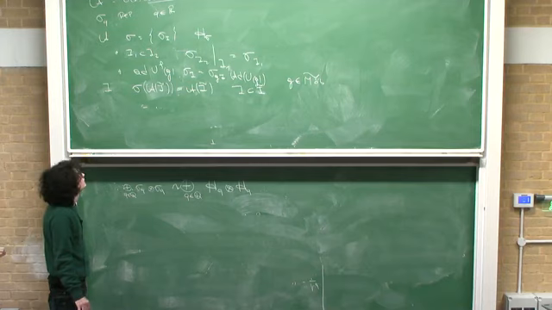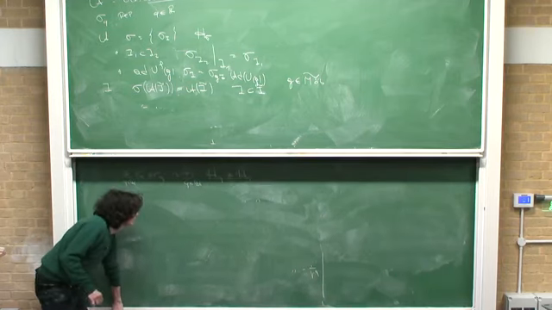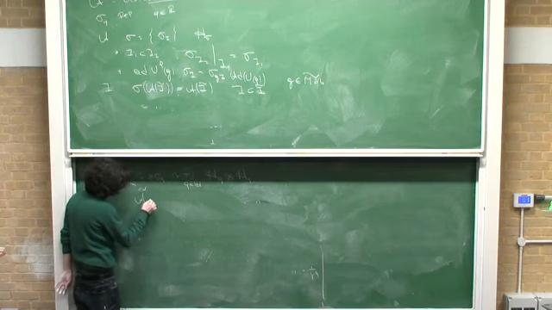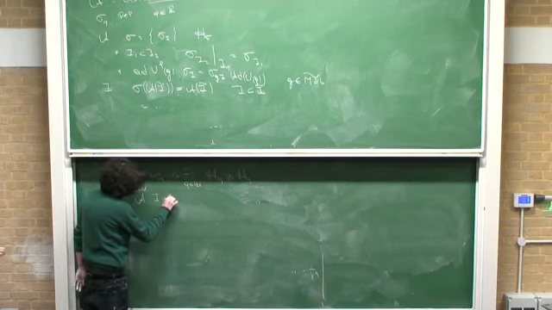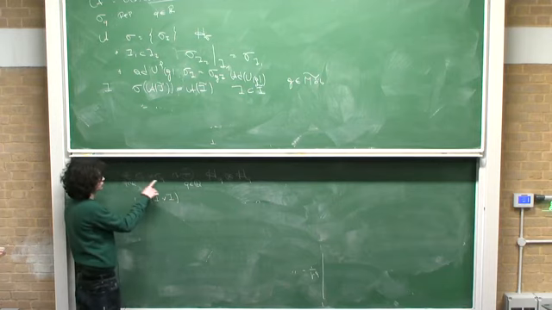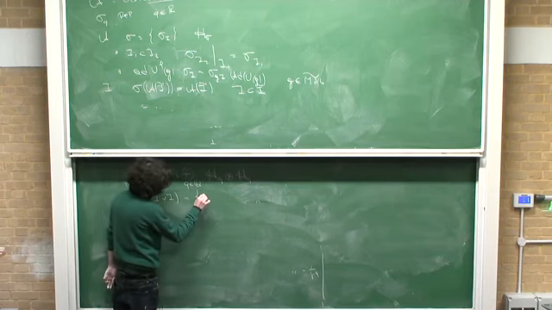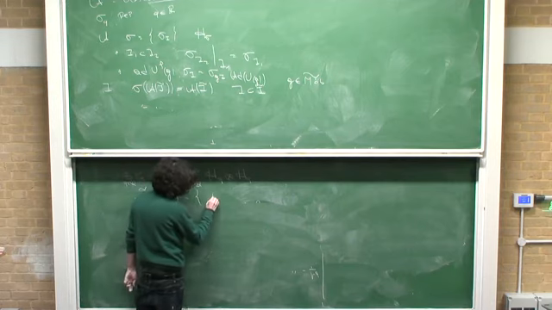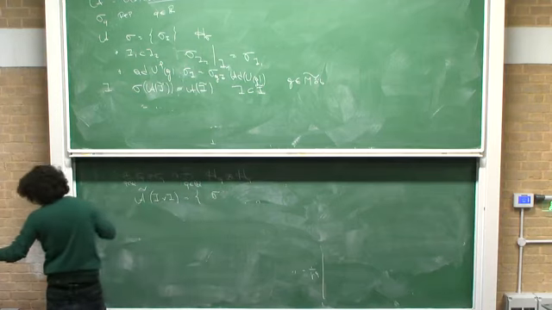And then the local algebras are the following. A tilde of I times I, with all such automorphisms localized in the interval I, is given by sigma of, sorry, here.